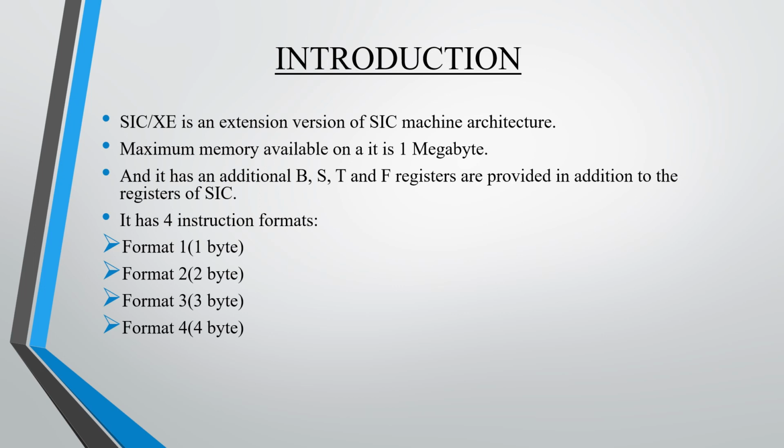The maximum memory available on it is 1 megabyte, that is 2 to the power 20 bytes. It has additional B, S, T and F registers in addition to the registers of SIC, and it has 4 instruction formats: format 1 which consists of 1 byte, format 2 which consists of 2 bytes, format 3 which is 3 bytes, and format 4 which is 4 bytes.